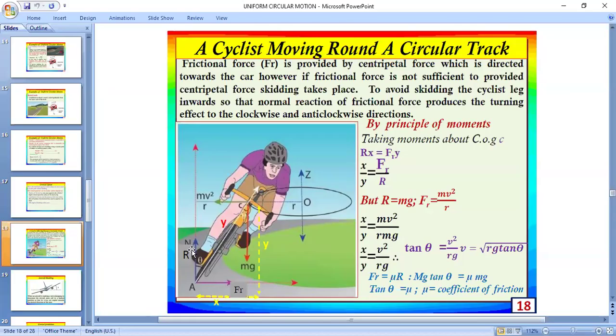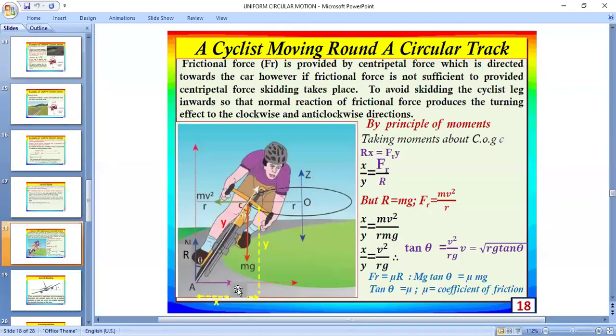So R multiplied by perpendicular distance. Perpendicular distance from this line to C, this point, is given as X. I think you can see X written down here.